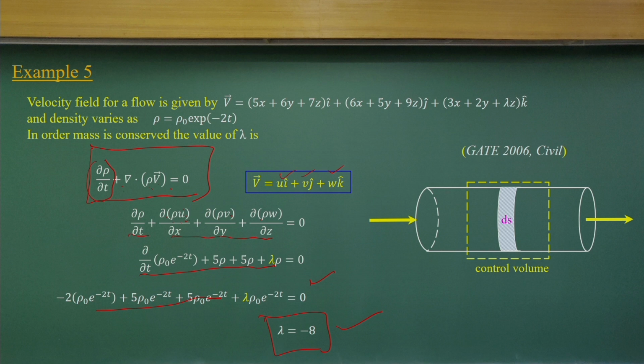Basically, we applied the conservation of mass, but since the velocity vector is three-dimensional and the density is a function of time, we brought it to this level and then solved it for the lambda value.